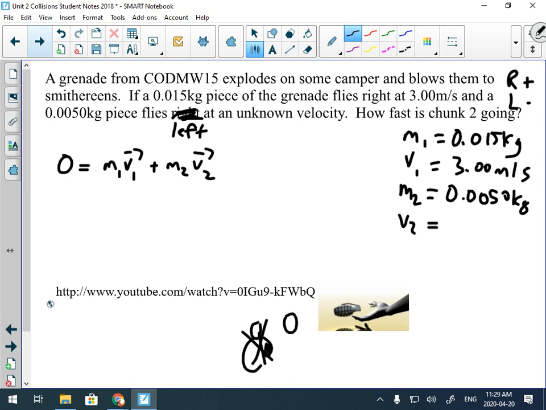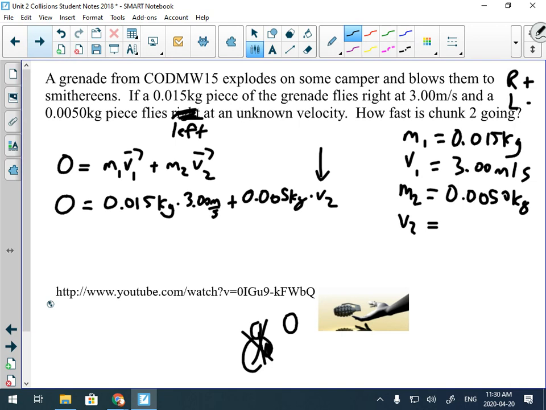Okay, so let's put in what we do know. 0 is equal to m1, 0.015 kilogram, times v1, 3 meters per second, plus m2, 0.005 kilogram, times v2. So that's what we're trying to solve, the speed of the second chunk.